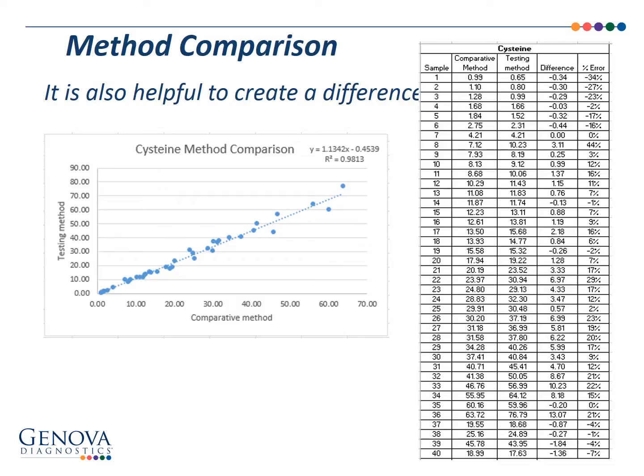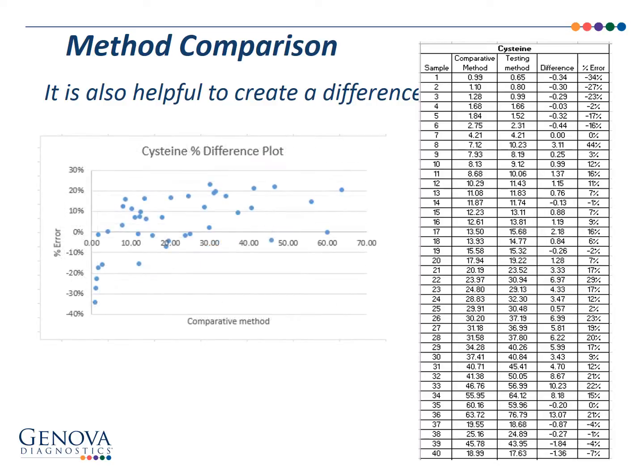In order to better characterize what this data is telling us, we plotted it in a difference plot, which looks like this. The x-axis is the concentration of the known method, the comparative method, and on the y-axis we plot the percent error. The way to read this is to look, as you read across the concentration, at what the percent error is doing.